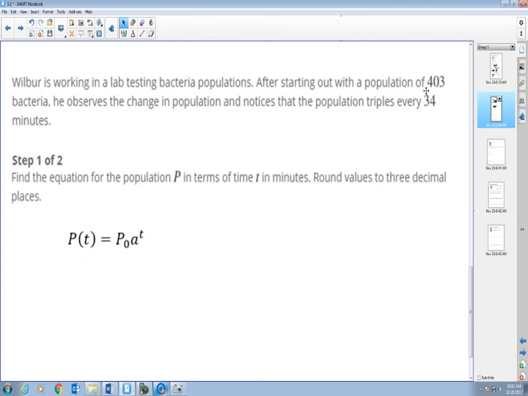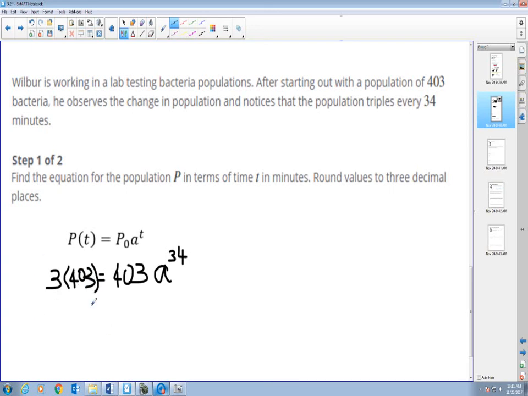Okay, so let's see what we got so far. Starting out with 403, so 403 has to be the initial population for the bacteria. The change in population is it triples every 34 minutes. So the first 34 minutes, the population tripled, so that will be 3 times the initial population.